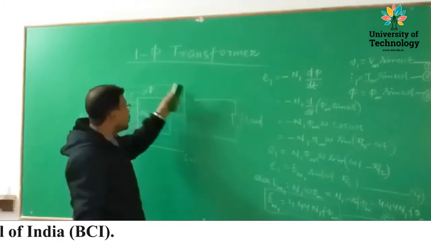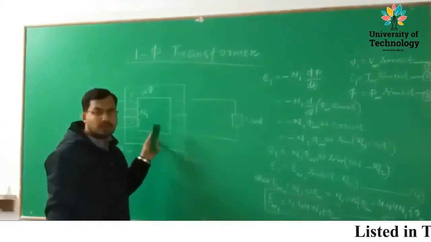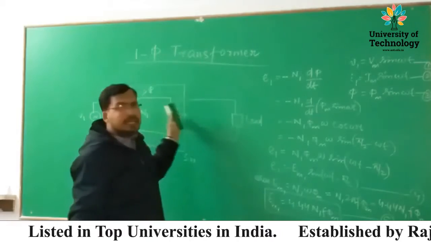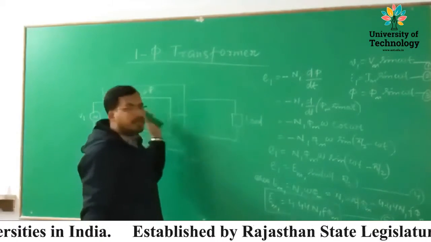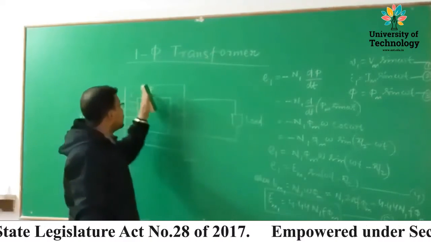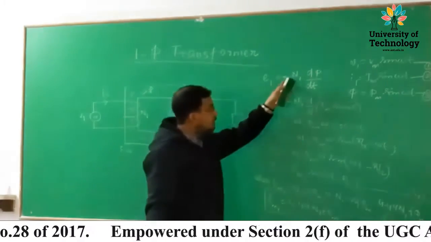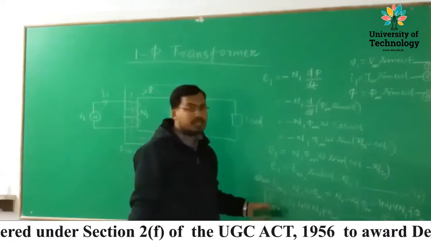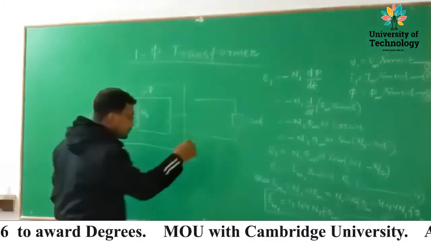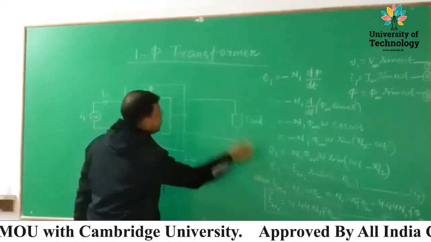Similarly, since the core is a lossless core, whatever flux is induced, the same flux will link through the core from primary to the secondary winding due to the mutual induction principle. Now as we have differentiated and derived the value of EMF in this way, similarly we will get the value of E2.